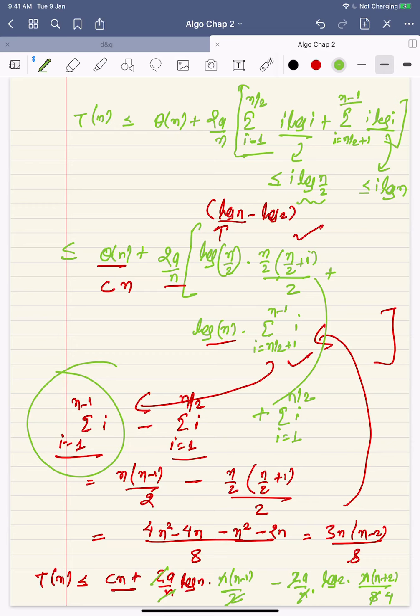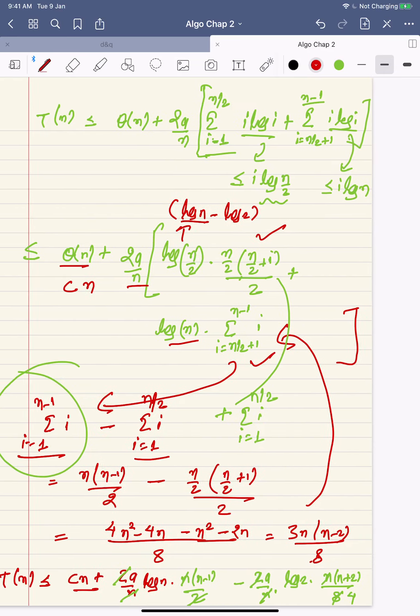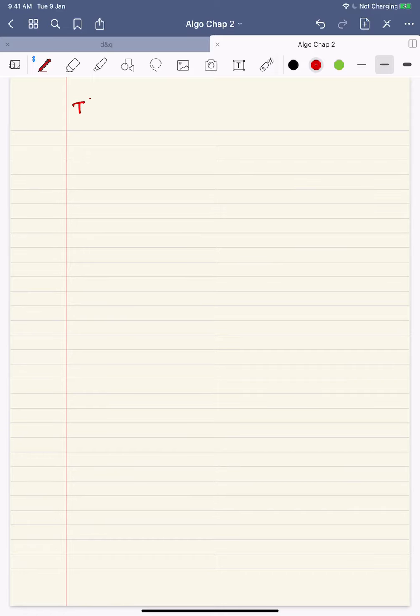Let's cancel out terms. I'm just writing it on a new page. So Tn is less than or equal to Cn plus a n minus 1 log n minus a n plus 2 by 4 log 2. Let's try to put the terms separately.